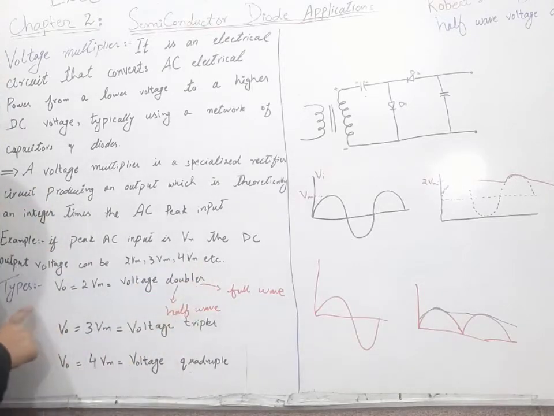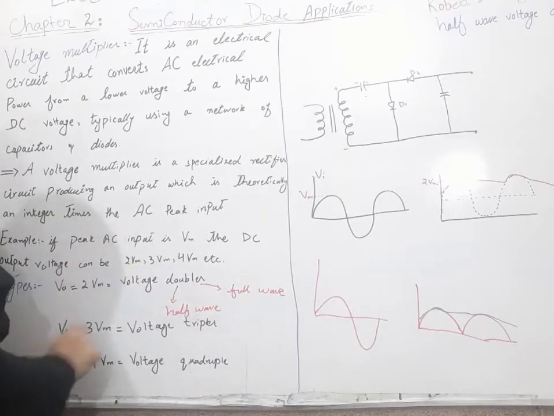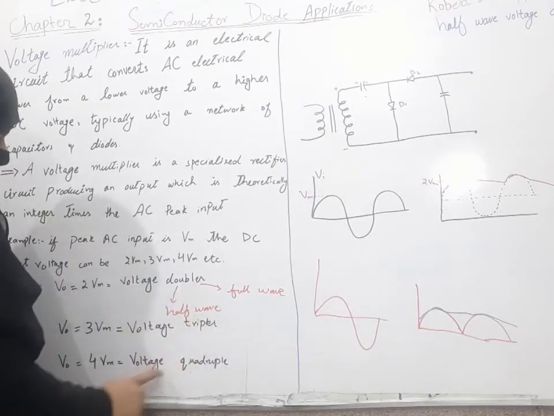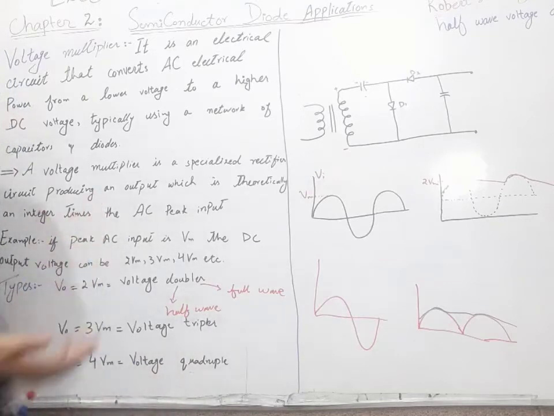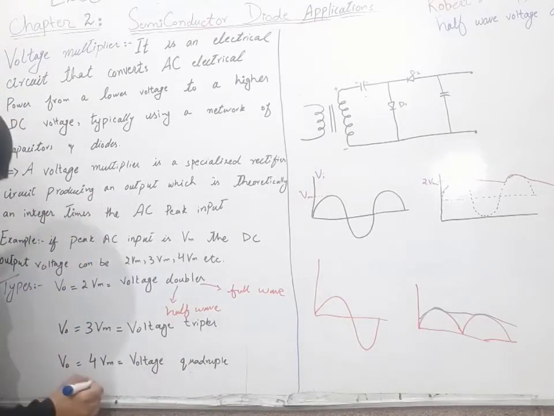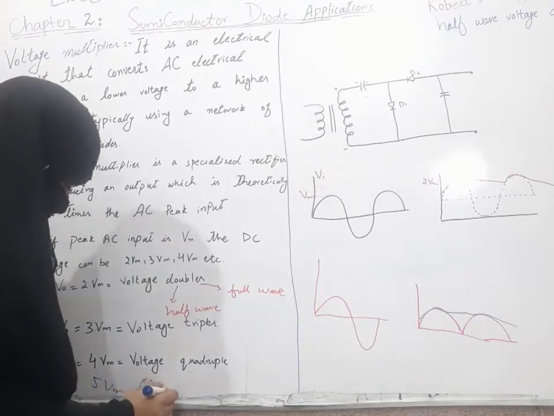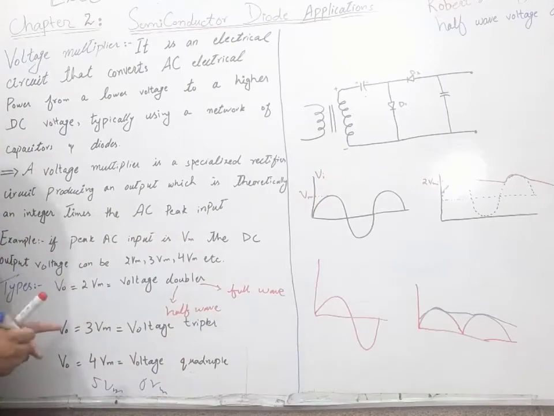Its 3 types are the voltage doubler, voltage tripler, and voltage quadrupler, and it has more types. It may have 5 Vm, 6 Vm. It depends upon your demand.